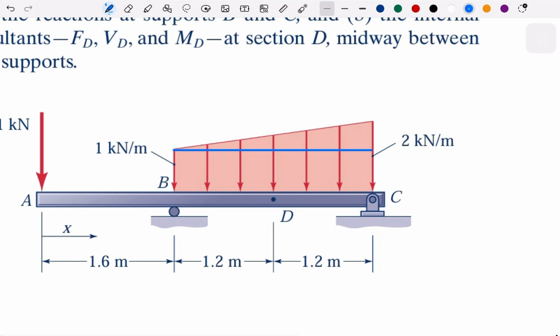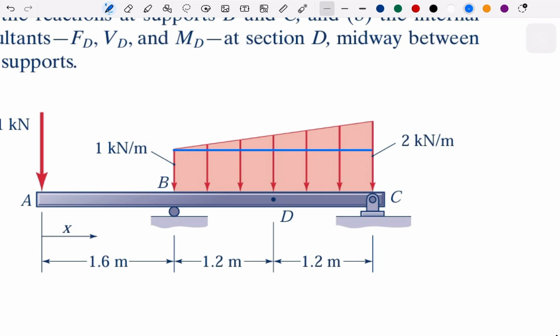Okay. Now, if we multiply the distributed force with the distance, we can get the force, right? Meter cancels. We get the force. So we can treat this like an area of geometry. So we can treat the resultant force as an area. So we multiply, finding the area of the rectangle. Okay? So this one is 1.